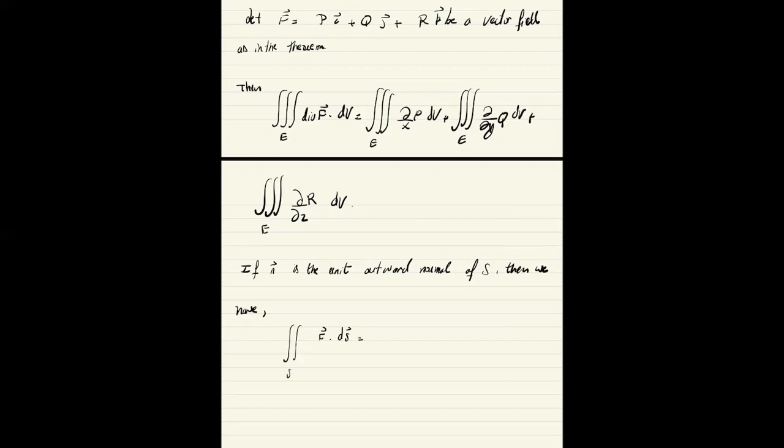So now, F is Pi plus Qj plus Rk. You see that this proof is a kind of reminder if you're still struggling with the concepts of what is to be done in case of a normal. So here is the normal times dS.